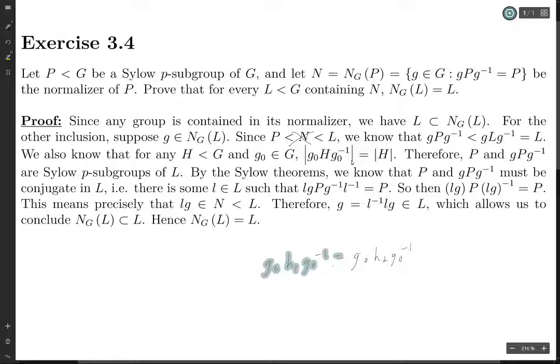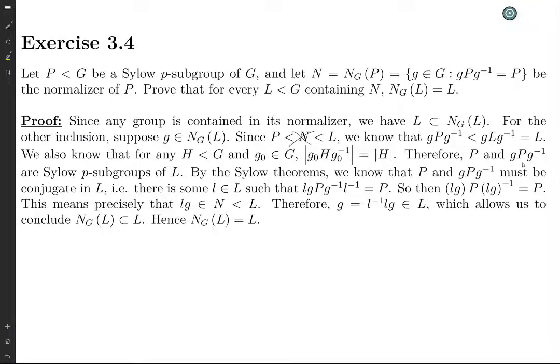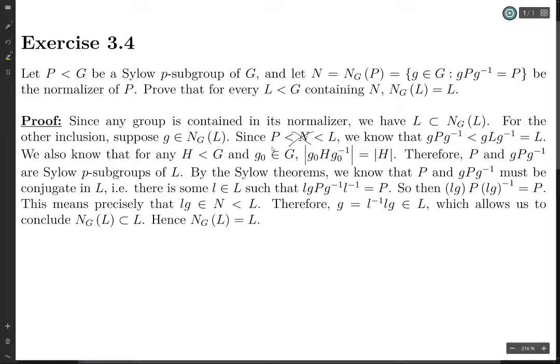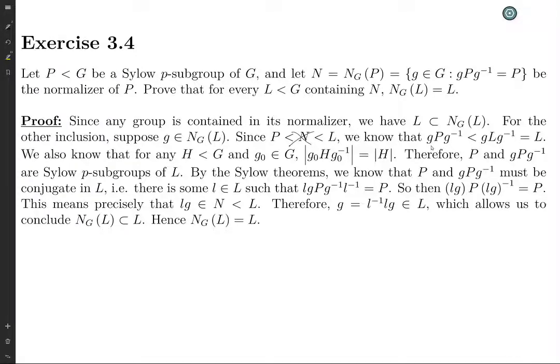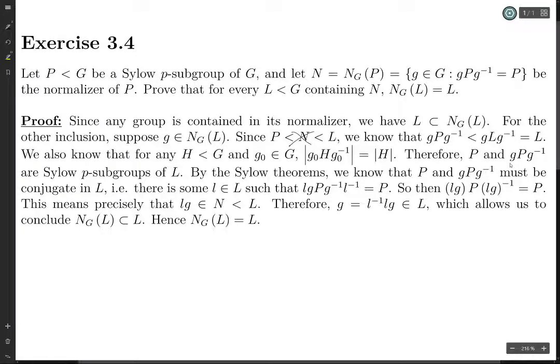Right, so therefore, P and the conjugate of P by g are both going to be Sylow P subgroups of L, because we have both P is contained in L and gPg inverse is contained in L. And so these are both subgroups of L, and we know that P is a Sylow P subgroup of L, and we know that conjugating by g is going to maintain the size, and so conjugating by g is also going to give us a Sylow P subgroup.